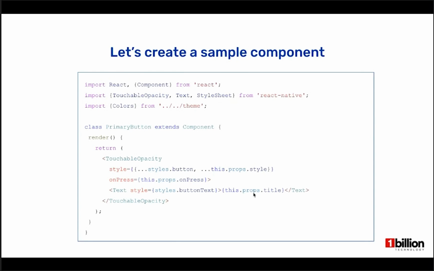Then we can differentiate the title, and if you want to pass any kind of styling prop to this component, that is also accommodated. Then you can use this component in any particular location inside your application. As you all know, if it is a button, there should be an on press functionality that can be differentiated in particular places. So we have passed the on press function for this component as a prop.